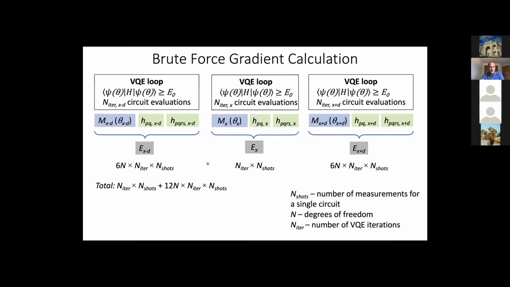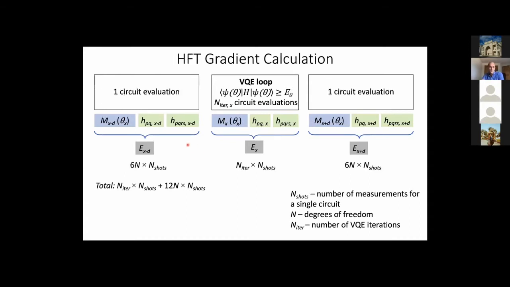When we apply the Hellmann-Feynman theorem, things start to get cheaper. We do not optimize the wave function at displaced geometries. We simply use these coefficients theta to measure the energy at the displaced geometries and calculate the classical one- and two-electron integrals.